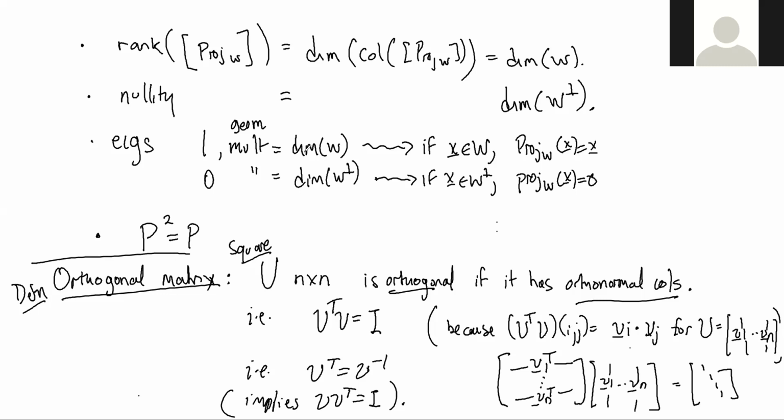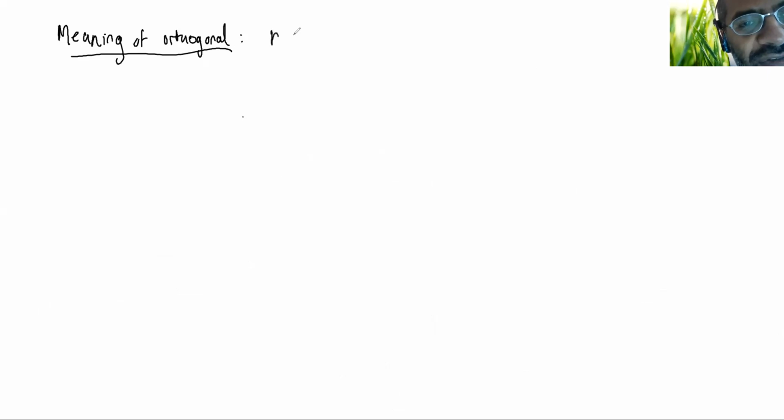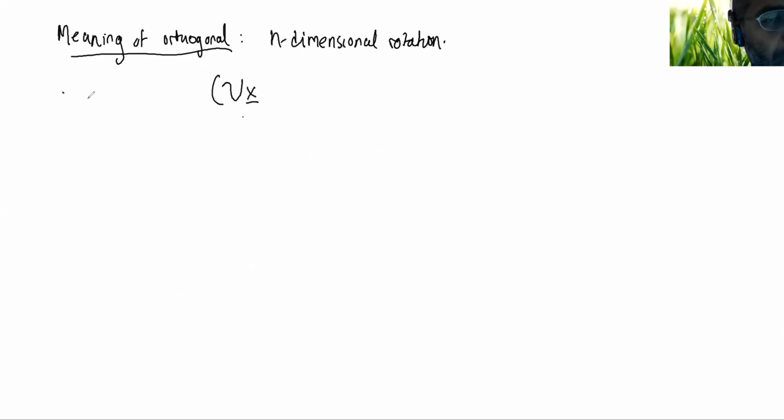So what's the meaning of an orthogonal matrix? Well, the meaning is that it's an n-dimensional rotation. Okay, so why do I say that? Well, let's say I apply some orthogonal matrix. That means multiplication by U is a linear transformation from Rn to Rn.